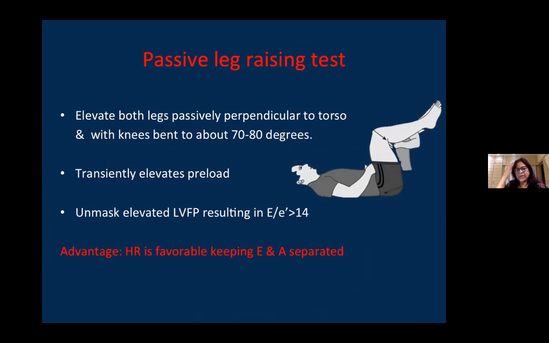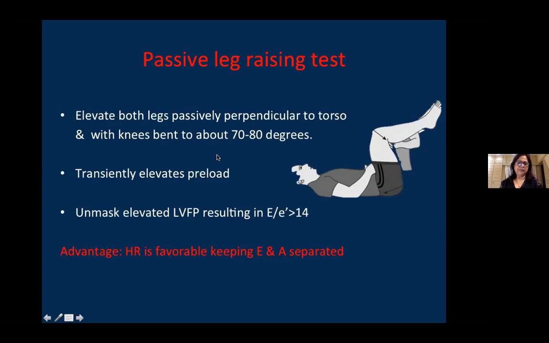Another way to elicit this raised LV filling pressure is by doing a passive leg raising test. See, when you are doing the echocardiography and you are suspecting that there may be high LV filling pressure, but actually at rest you are getting normal LV filling pressure, in those cases what you do is elevate both the legs passively.